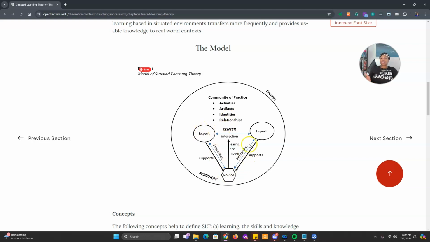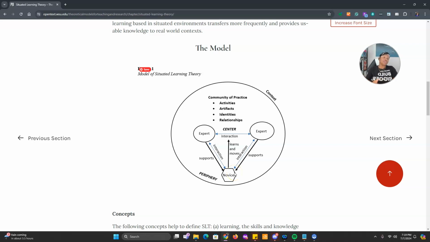And then it shows you how the relationships should look. You have the novice and how the novice interacts with the experts, and there is an interaction and support that goes both ways, because when you're teaching someone something, you benefit because you learn by talking through it, breaking it down and explaining it. You get more clarity around the topic, or a deeper insight into it.